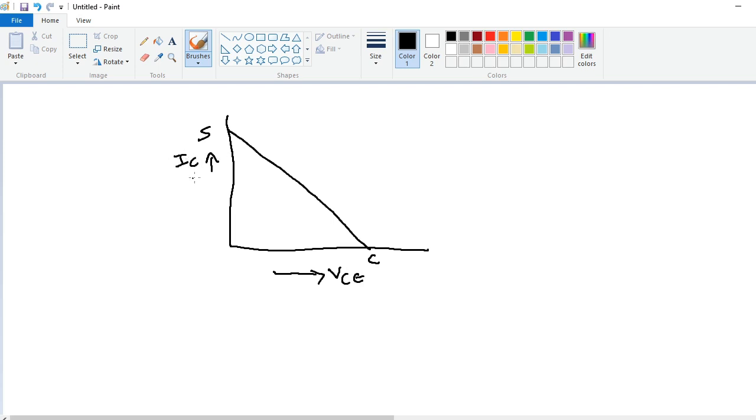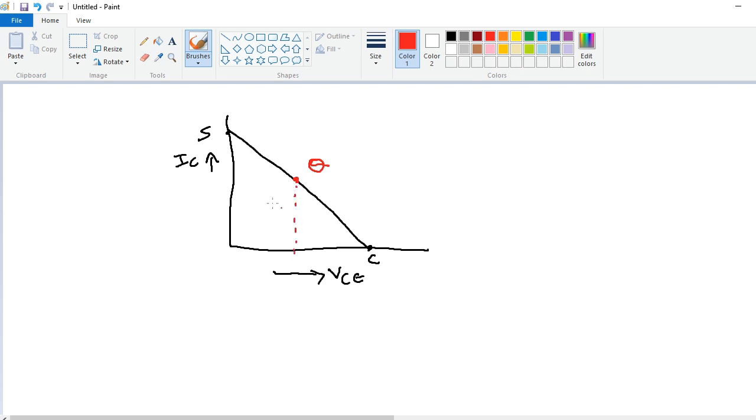The maximum current is at saturation and the maximum voltage is at the cutoff point. To get a 360 degrees conduction angle, the operating point is located at the middle of this load line. This is called the active region.